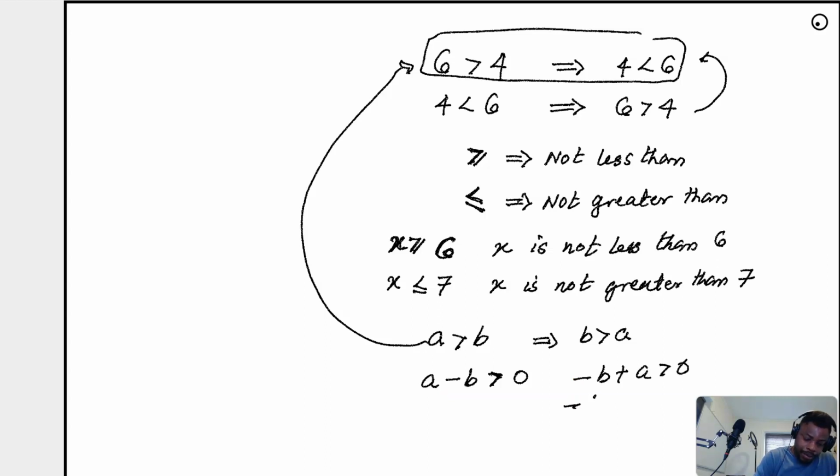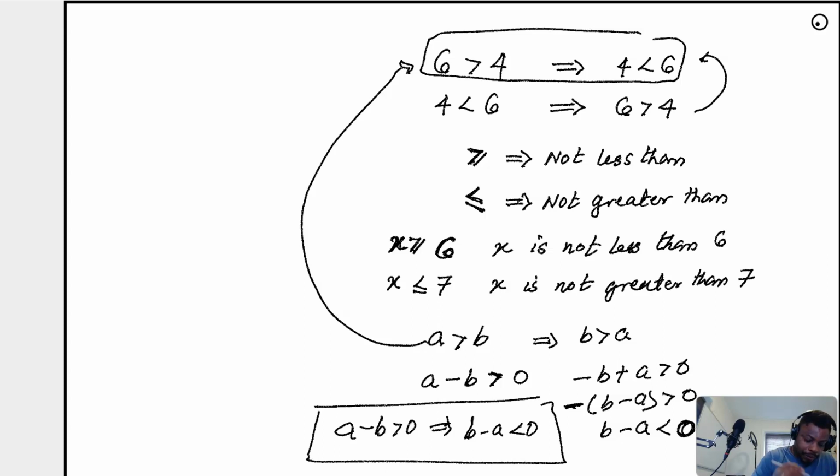This is minus bracket b minus a greater than 0, right? So recall that when you have a negative, the sign changes. So this will be b minus a. So a minus b greater than 0 simply means b minus a less than 0. You already know this from part 1.